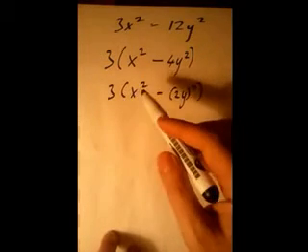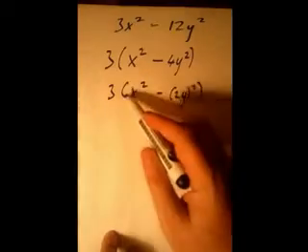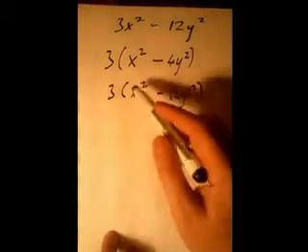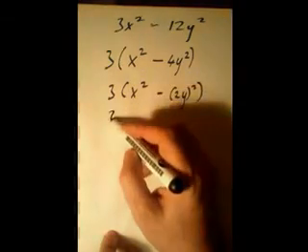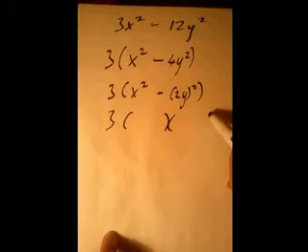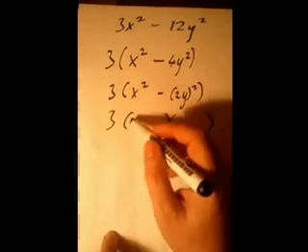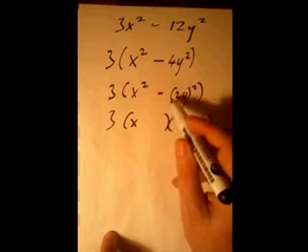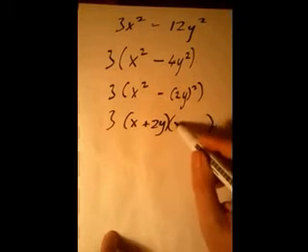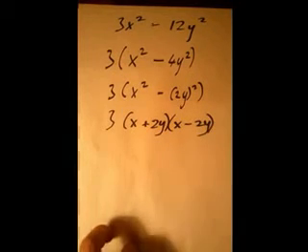Right, so now we're very, very close to getting a solution, because we actually have a difference of two squares within the brackets. So what we're going to do now is apply the formula to this part. We leave the 3 as it is, and we're going to put two sets of brackets now instead of the one large one, and we're going to put in here what's being squared, x, what's being squared here, 2y, and a plus, and similarly here, x, 2y, and a minus.